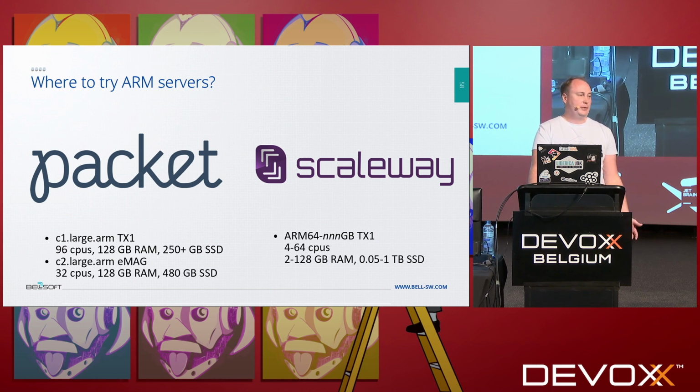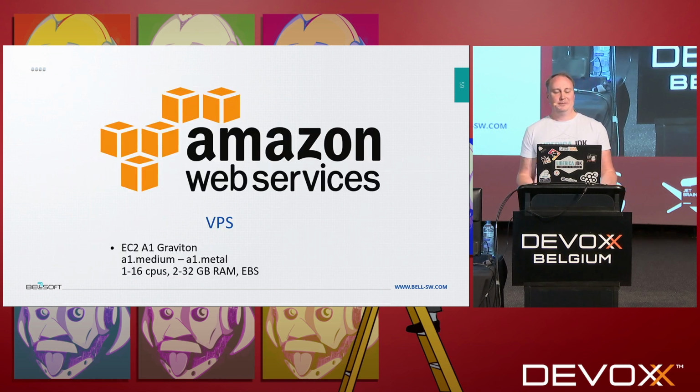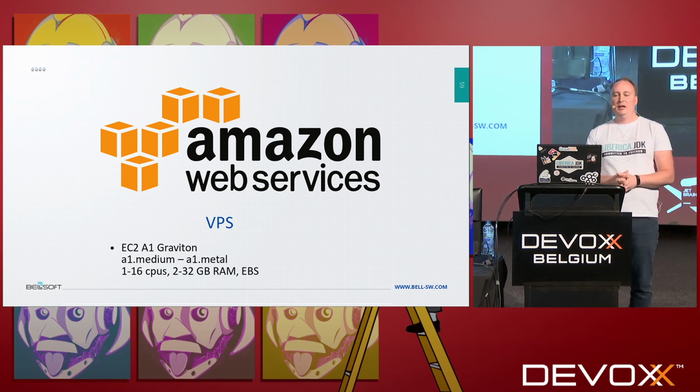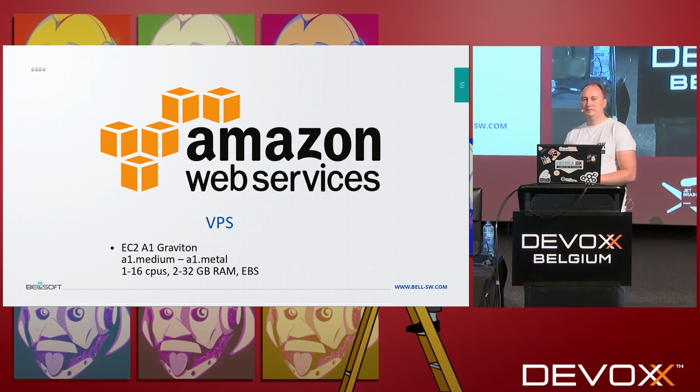And there's one more provider which all of you probably are familiar with. It is AWS, which gives you a variety of ARM instances, from a very small one, which is called A1 Medium, to really a bare metal one, the maximum configuration.